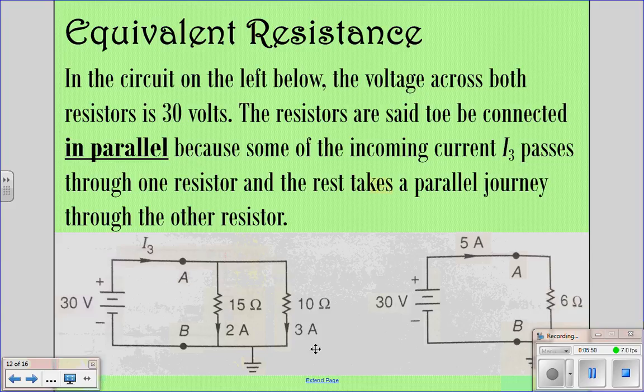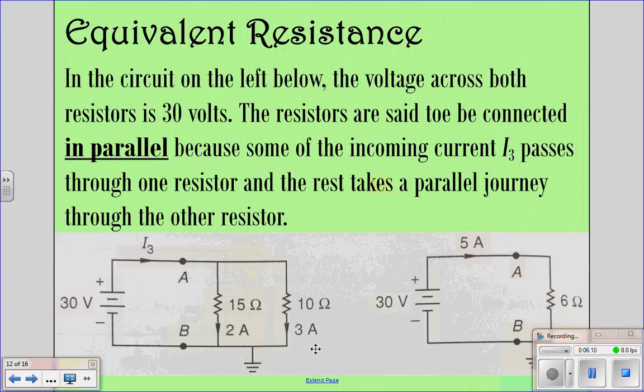Okay? And so the way that you work with those, on the right side, we're going to replace the 2 parallel resistors with a 6. And now you didn't add those 10 and 15 together. You didn't subtract them.